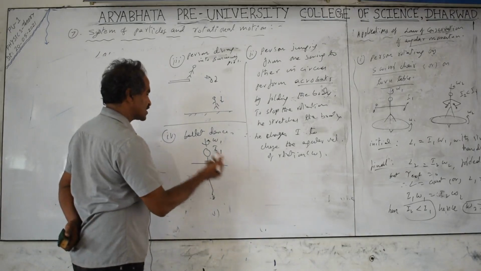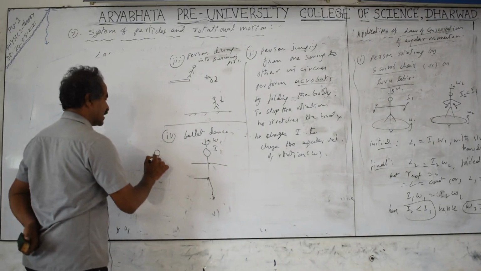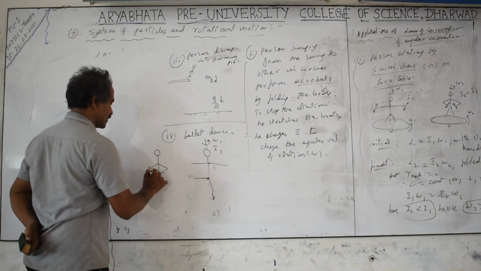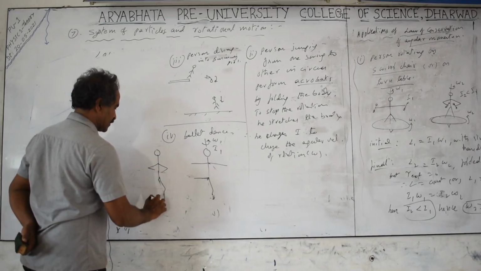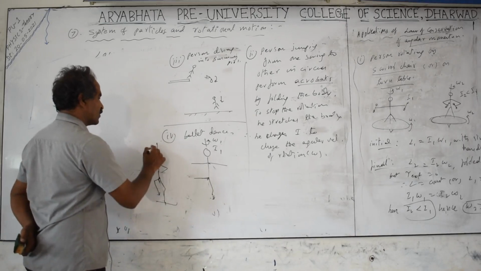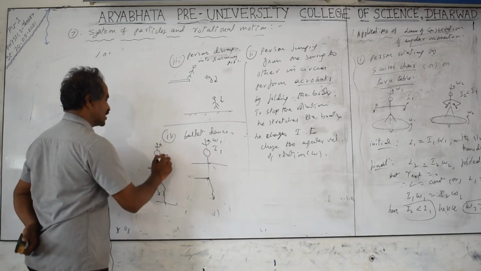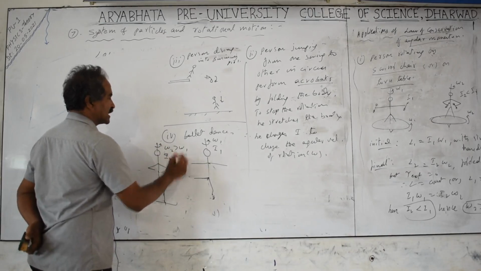Whenever they want to change the speed of rotation, they fold the hands and legs. By folding the hands and legs, the moment of inertia decreases to I2, and angular velocity omega 2 becomes greater than omega 1.